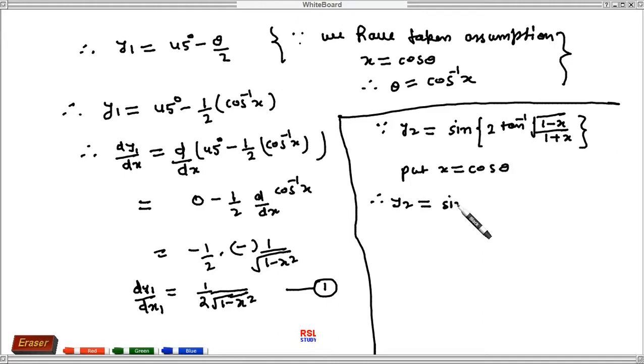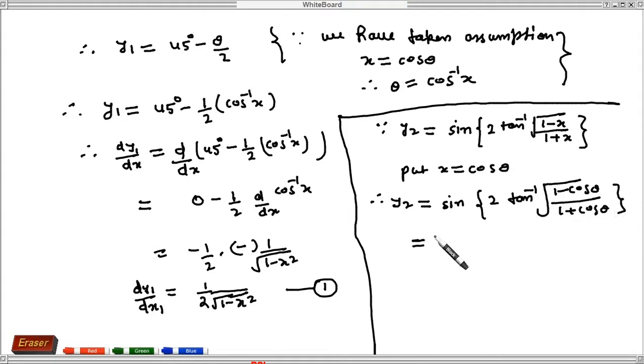So y2 will be sine 2 tan inverse under root of 1 minus cos theta by 1 plus cos theta.